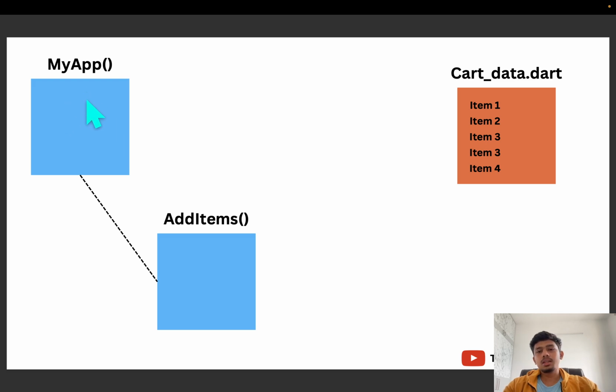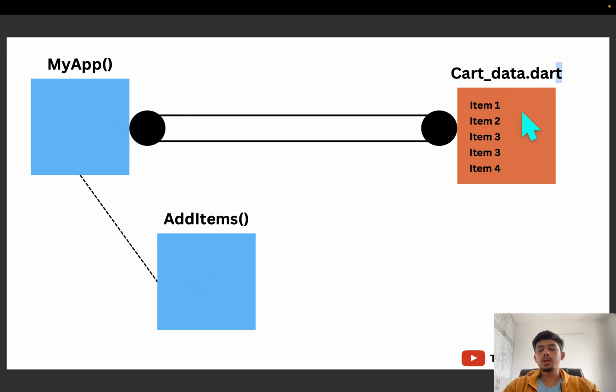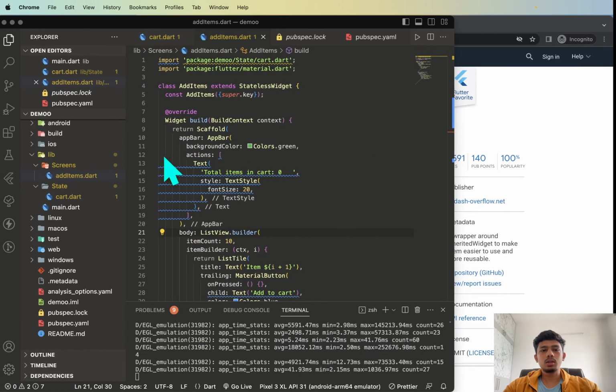In this case, my app is the parent class of this UI, and generally in all projects, my app will be the parent class for all the other widgets, right? So it's a good idea to establish a connection between state and my app for all the state models. That's what we are going to do here.